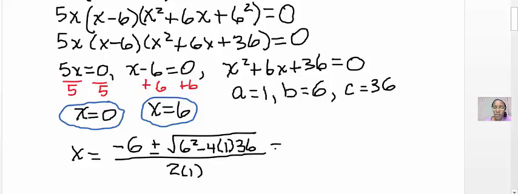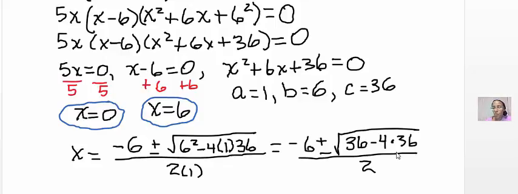I'm going to do something a little interesting here. For the moment, I'm going to leave the radicand as 36 minus 4 times 36.